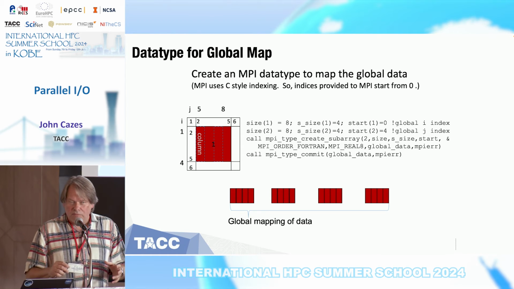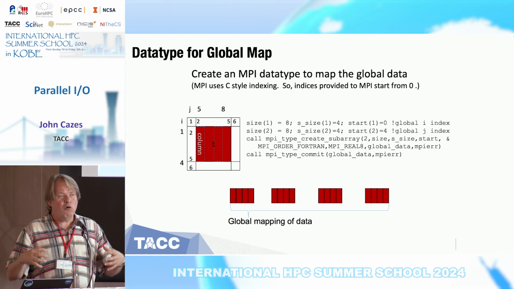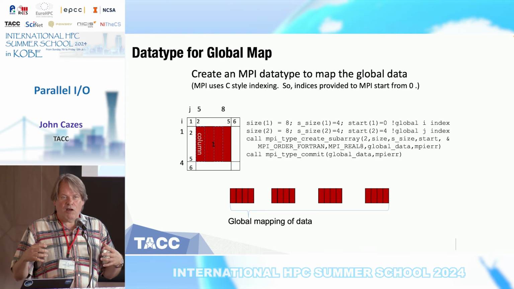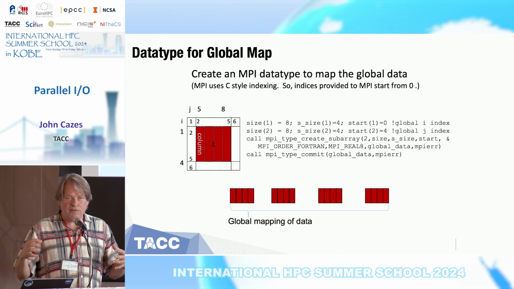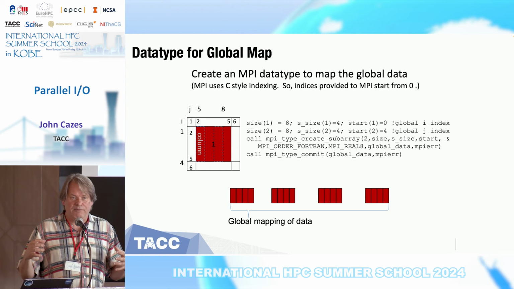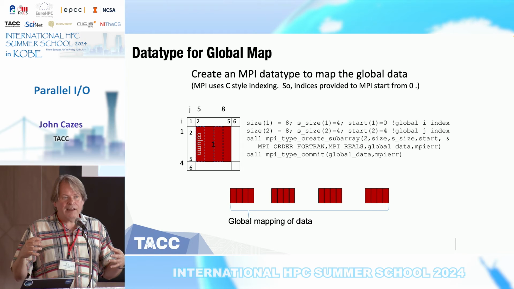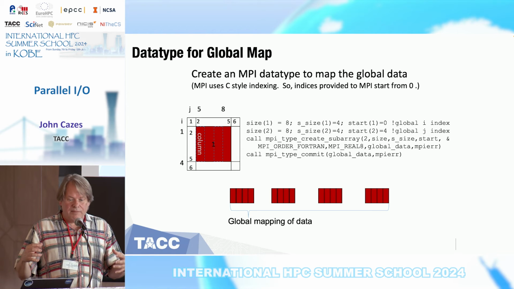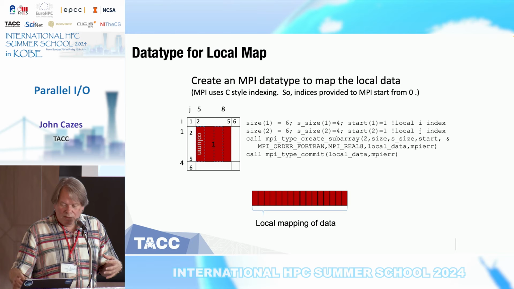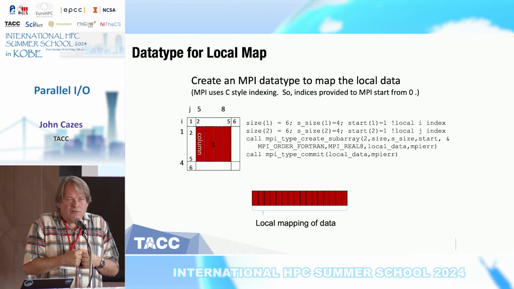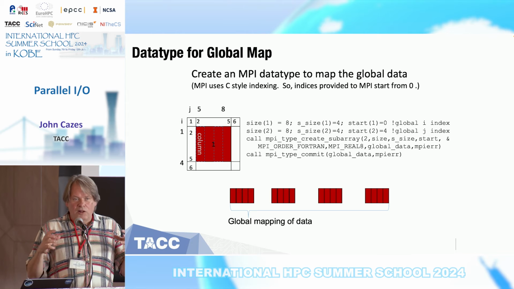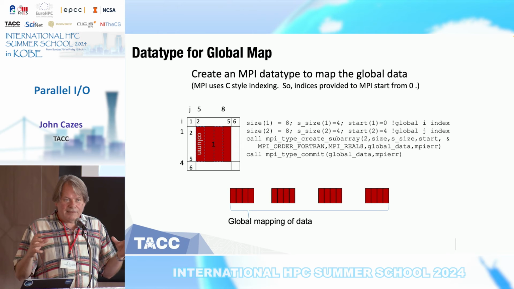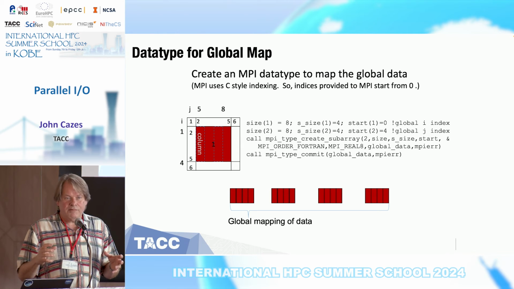Now, when I say global mapping, what I'm talking about really is the actual file system, the file it's going to be written to, right? And I think of that as the global data space. So this is the local data space. This is what each task sees. On the global data space, the data is not contiguous, right?